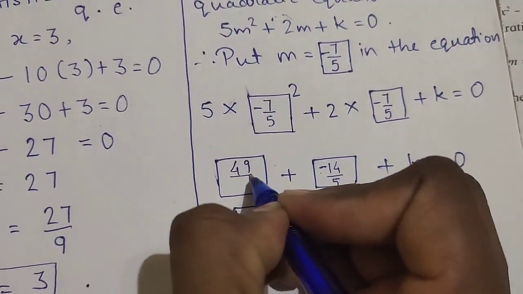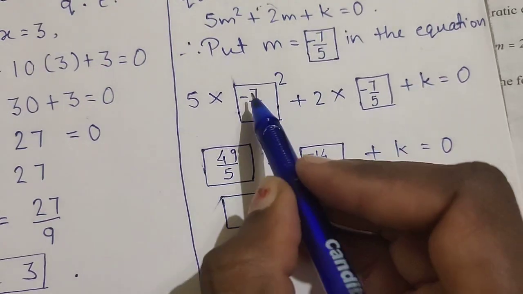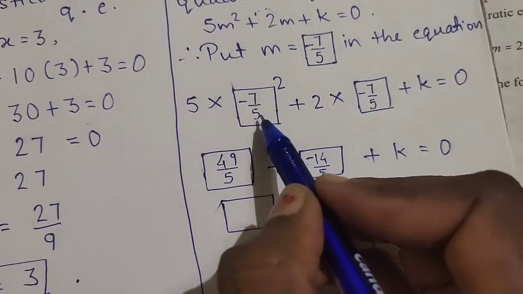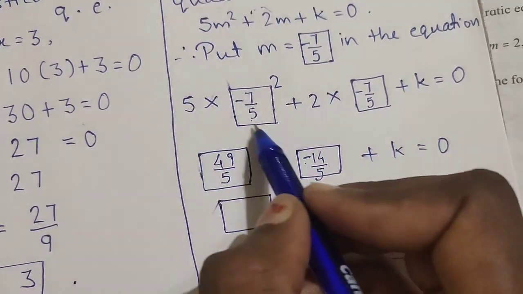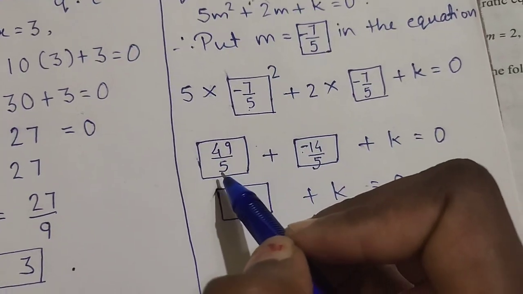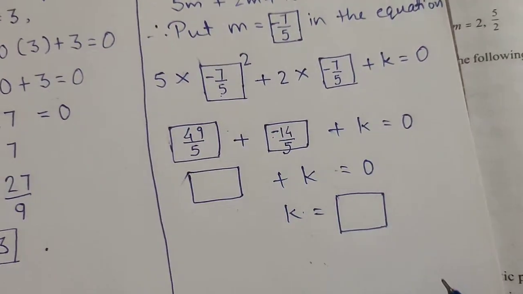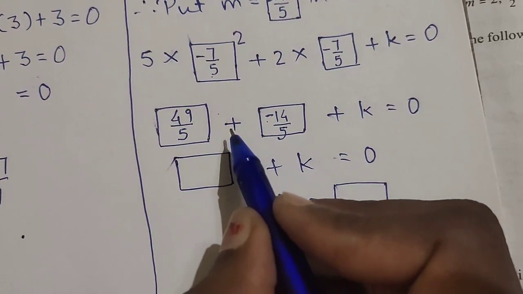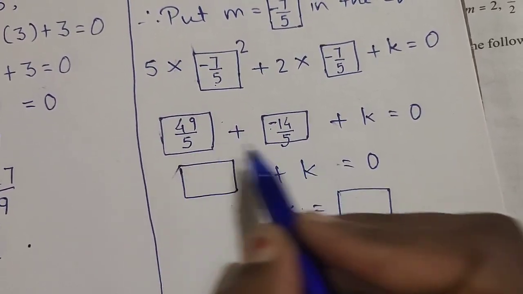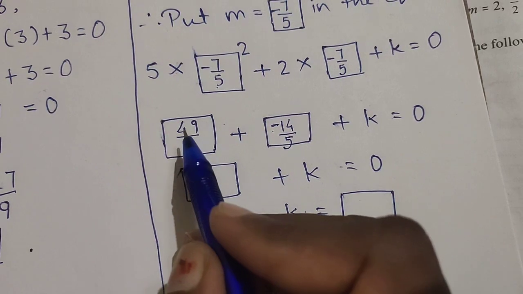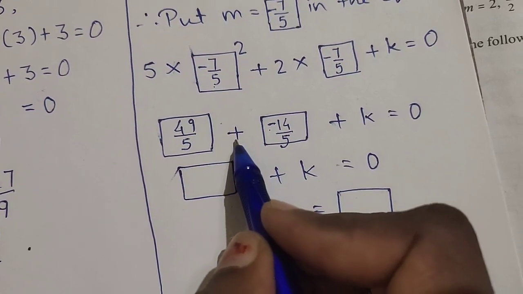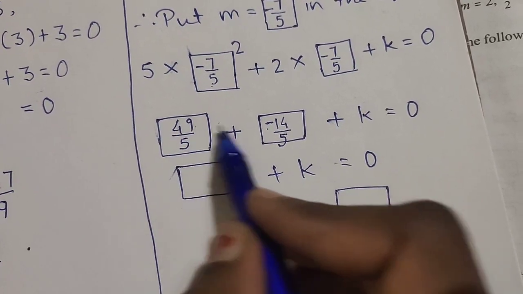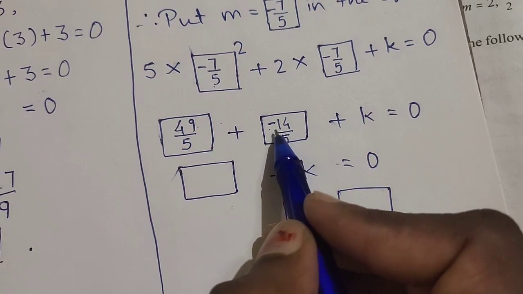Okay, so in this box you are going to write 49 upon 5. Why? Because 7 square is 49, but 5 fives are 25 and 1 five we are going to cancel, so that means we are remaining with 5 only. Okay, now see, plus sign is there, then 5 upon 5 is there. So this is 49. You can ignore this plus sign. So this is 49 minus 14.